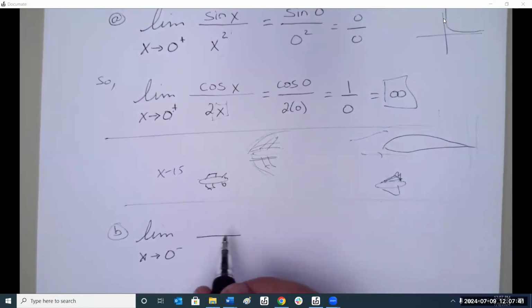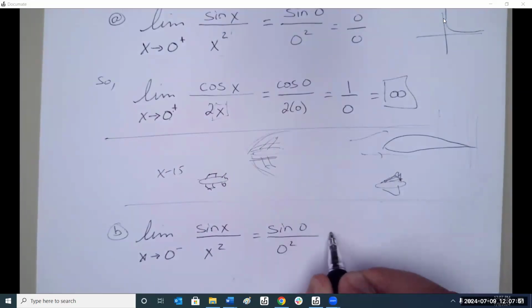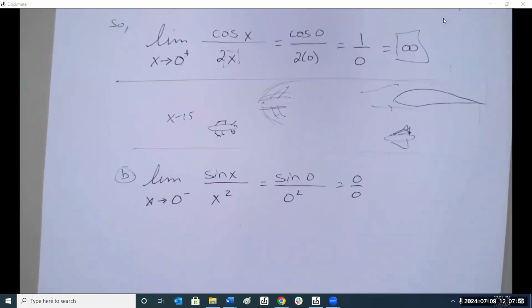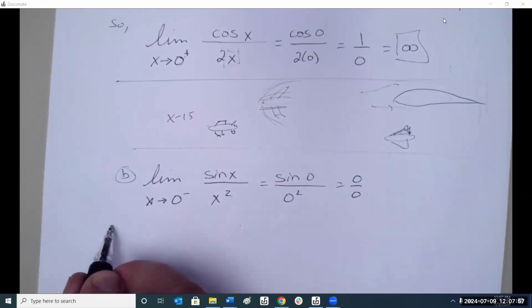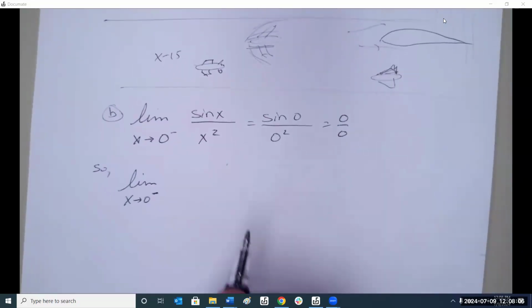Now let's look at the same equation from the other side. We get 0 over 0. So we take the derivative of it. This time we're looking for x's coming from the left.